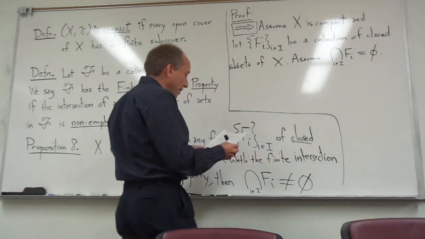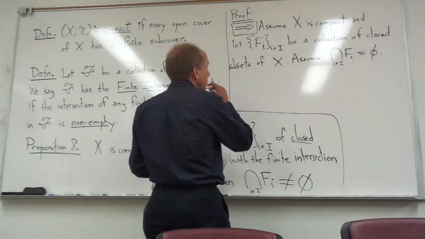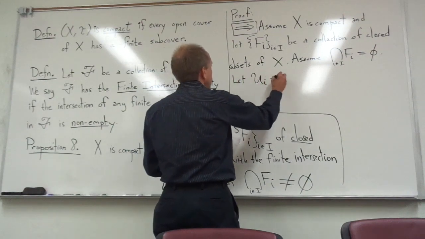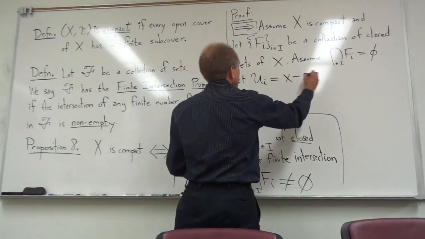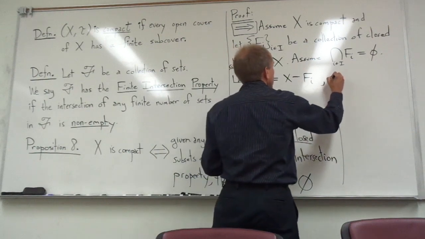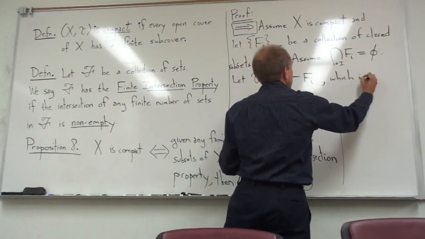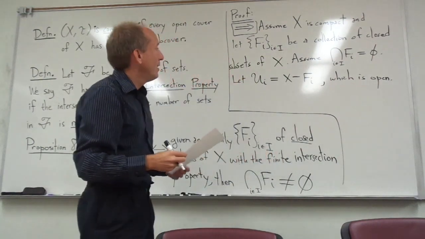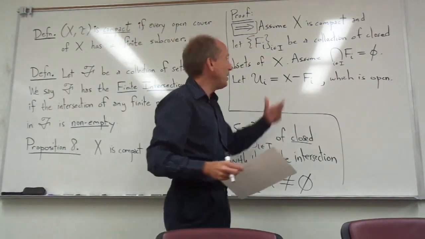How are we going to do that? Well, we're going to let U sub I be equal to X minus F sub I, which is open. So this is exactly what I was talking about a moment ago. The complement of the closed set F_i will be an open set.